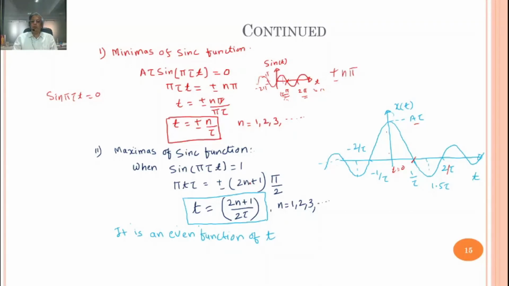When n equal to 0, this is pi by 2. But when n equal to 1, this is 3 pi by 2. Then for n equal to 2, this is 5 pi by 2 like this. Means after solving this, we are getting this t equal to 2n plus 1 divided by 2 tau.